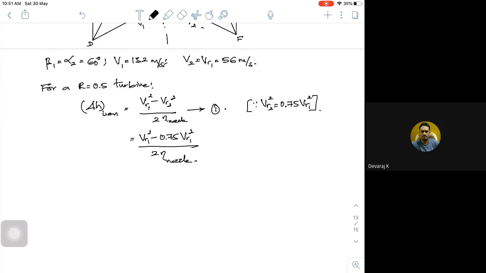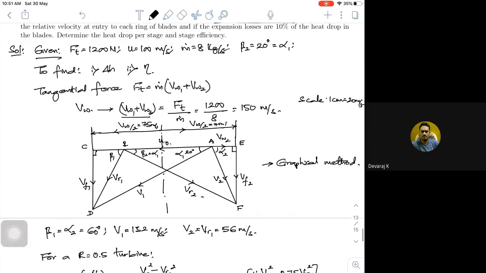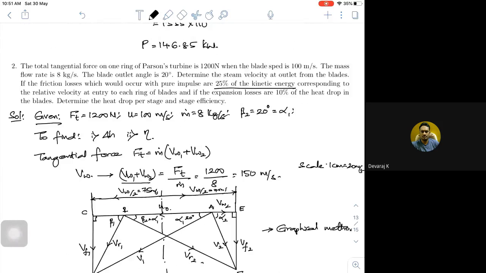They have given the nozzle efficiency as 90%, 0.9. This is the 10% heat drop. So the efficiency is equal to 0.9, yes, it's given.